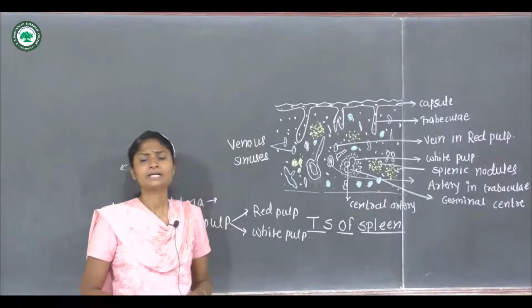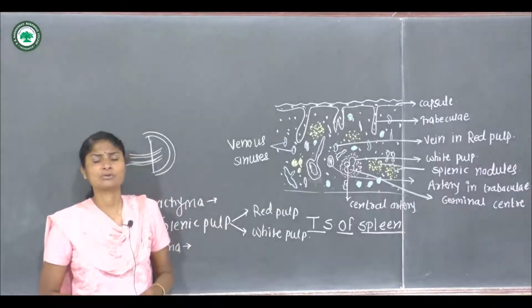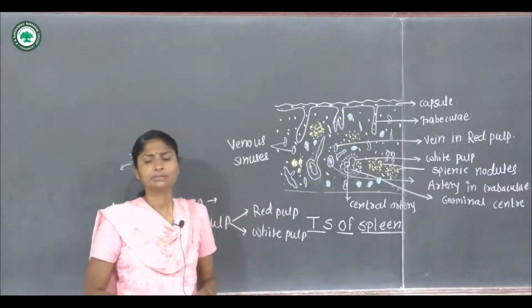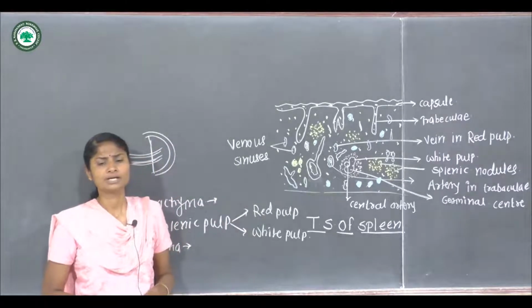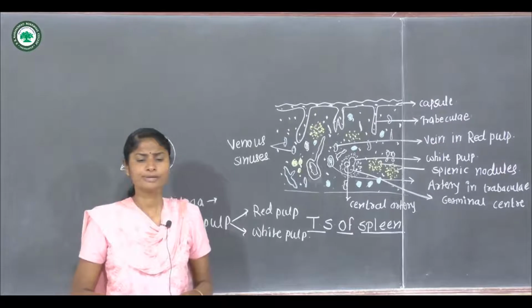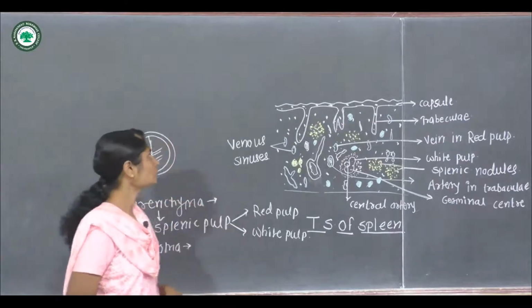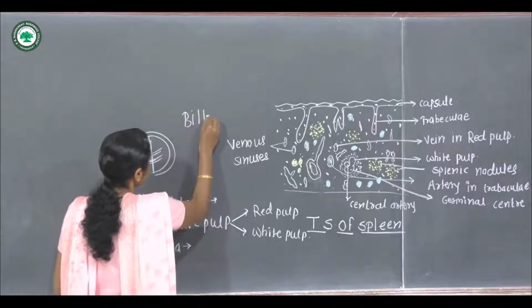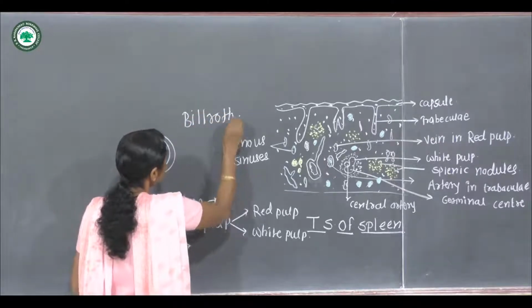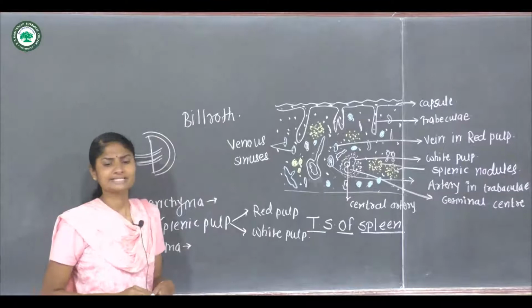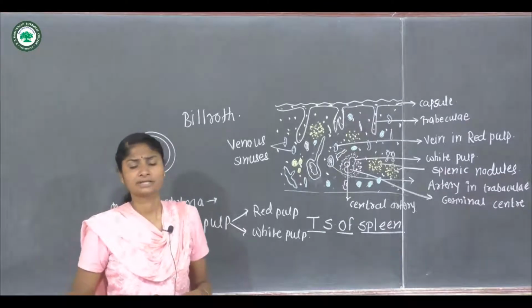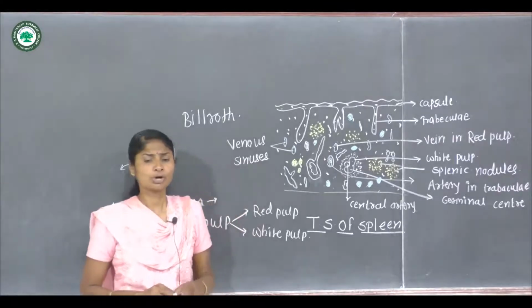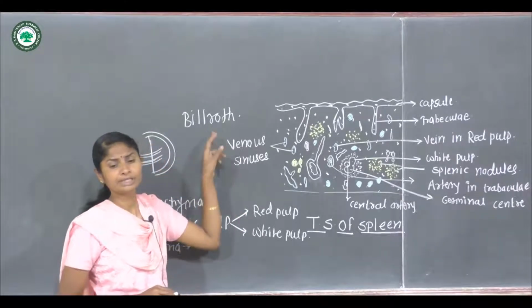The red pulp consists of a plexus of veins and venous sinuses, which break into cords called pulp cords, also called cords of Billroth.